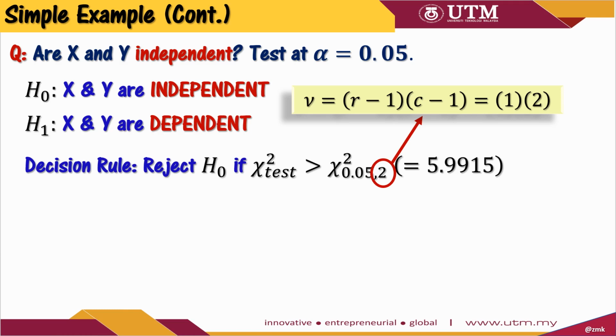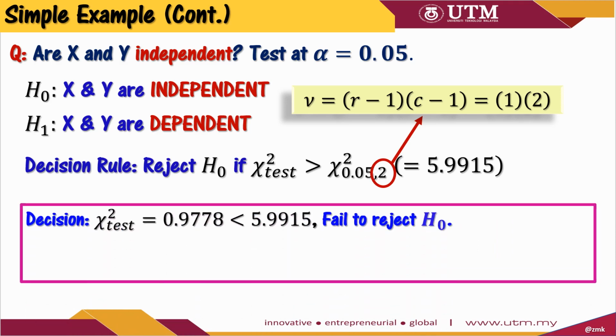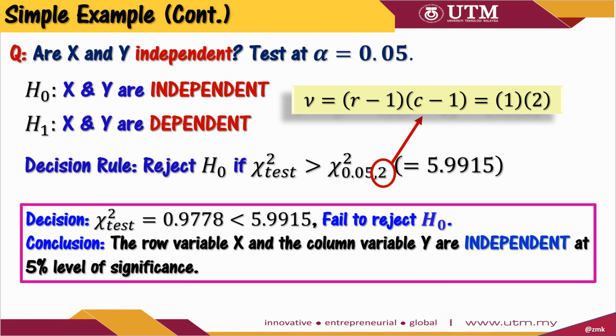As the chi-squared test statistic value was calculated to be 0.9778, which is obviously smaller than the critical value, we can decide not to reject H0 and conclude that based on the sample data, the two categorical variables x and y are independent at 5% level of significance.